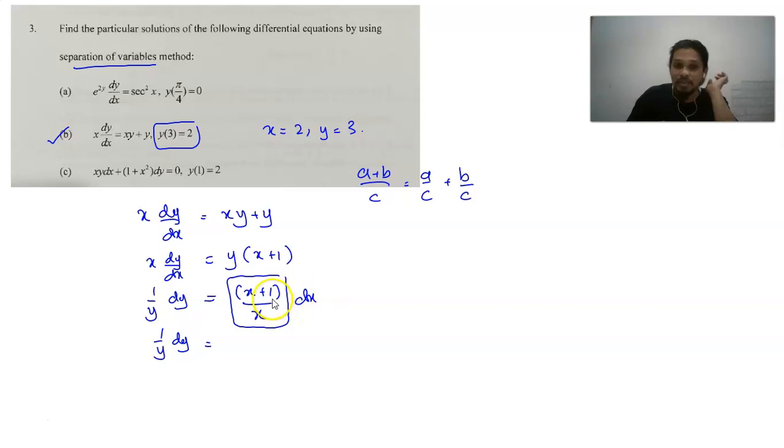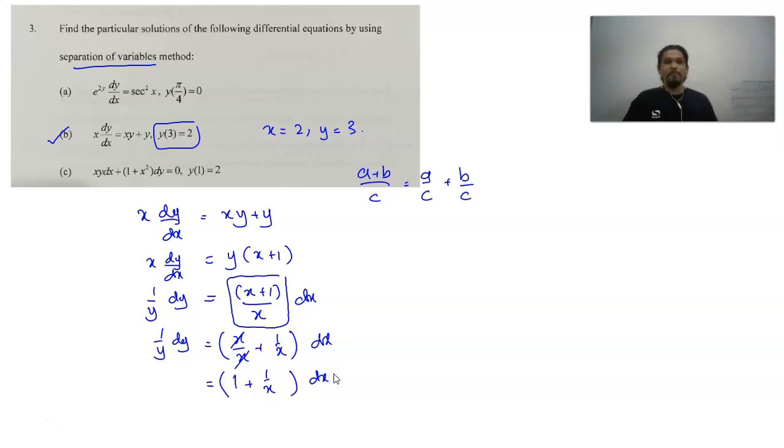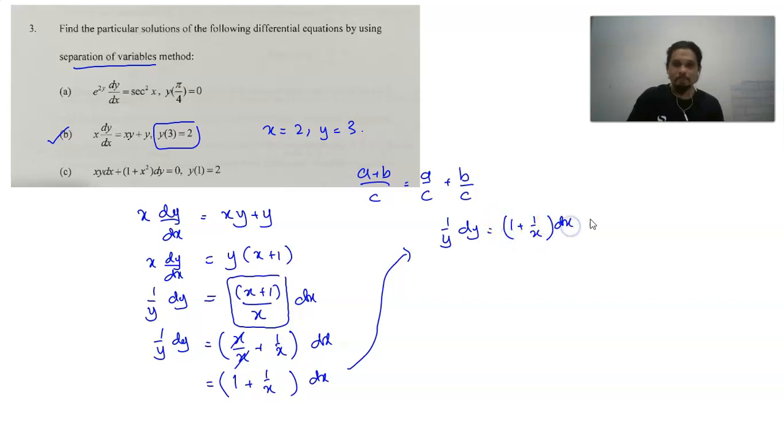So look at this one here now: it is x over x plus 1 over x dx, which is 1 plus 1 over x dx. So then, 1 over y dy equal to 1 plus 1 over x dx.